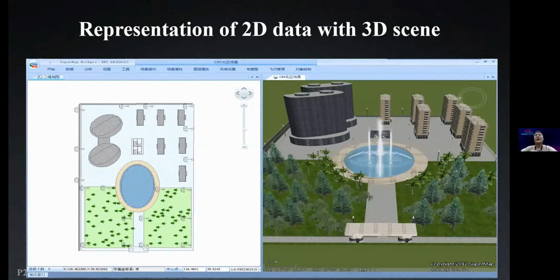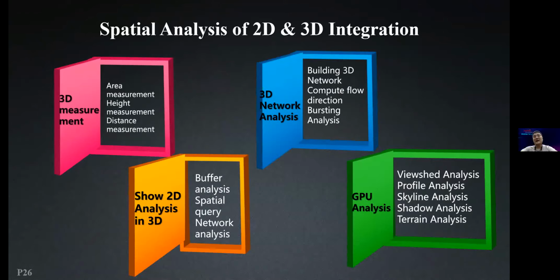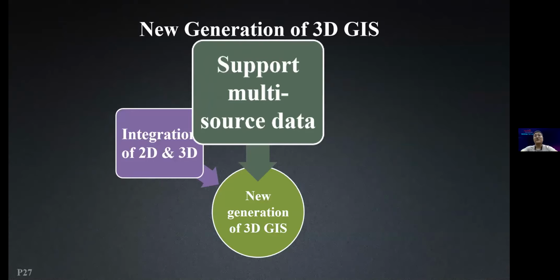And besides, we have 3D spatial analysis, which is GPU analysis, such as viewshed analysis, profile analysis, skyline analysis, shadow analysis, and terrain analysis. Okay, this is the first point of the new generation of 3D GIS.